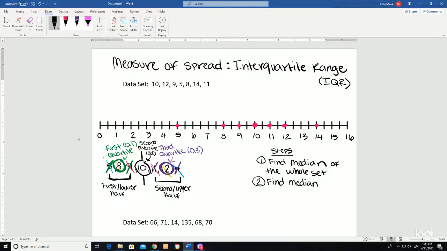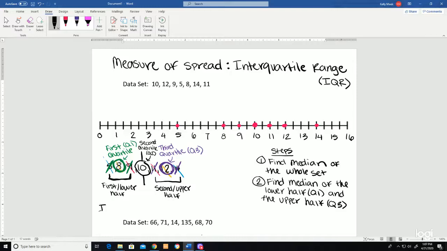The median of the lower half, which remember that's called Q1, and then the upper half, which remember we call Q3. Once you find those two numbers, you can figure out the interquartile range.